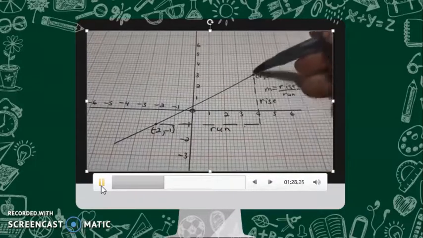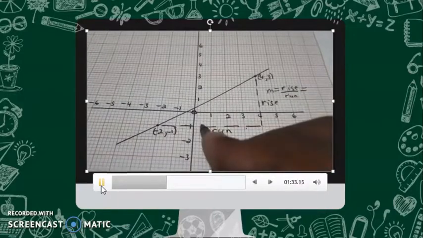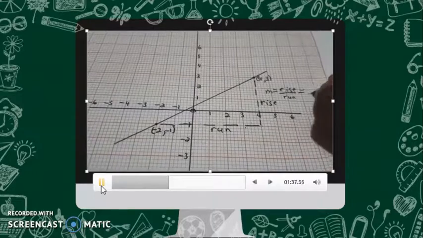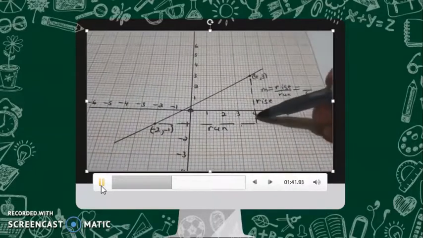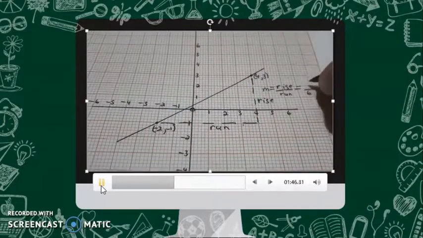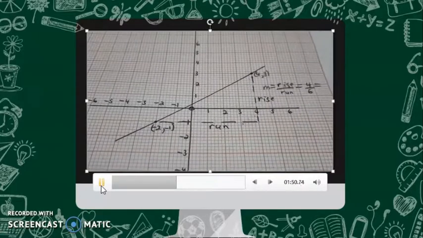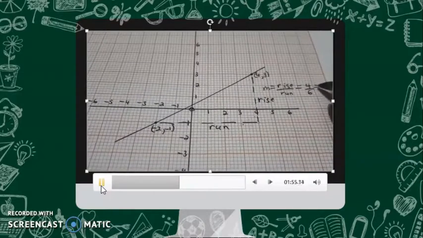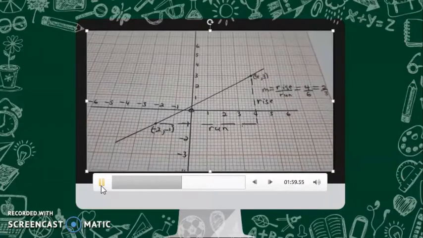So 1, 2, 3, 4, 5, 6. So our run is equal to 6. 1, 2, 3, 4. Our rise is equal to 4. And then we simplify by dividing by 2, giving you 2 over 3.